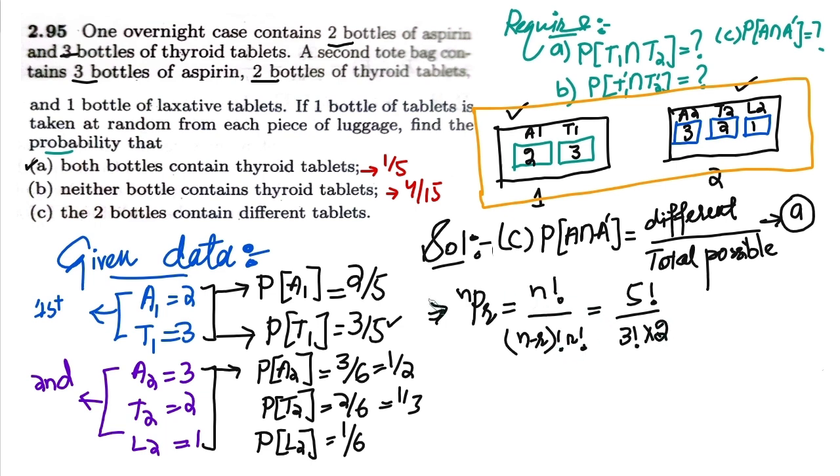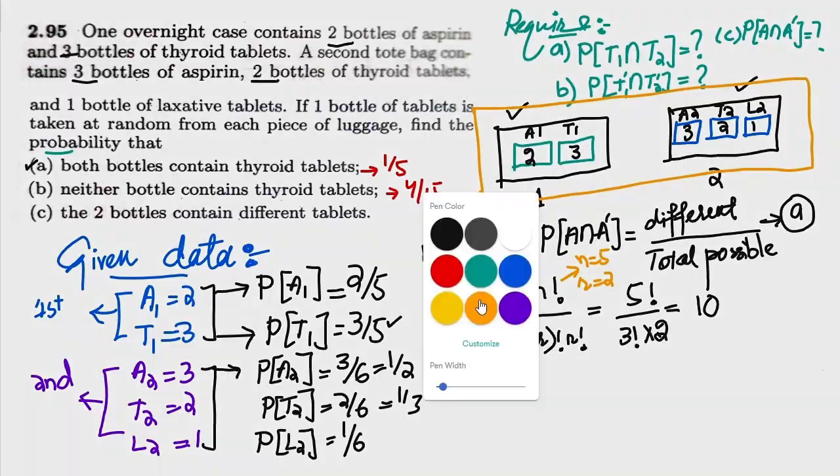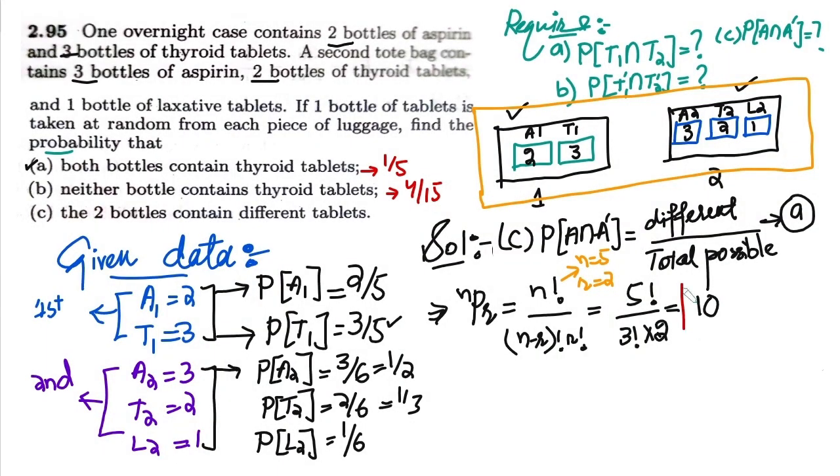So let me also write it here: n is 5 and r is 2. Okay, so now solving it, I will get this equal to 10. If you find it, you will see that this is equal to 10. So the total number of permutations I can get from this scenario is 10.